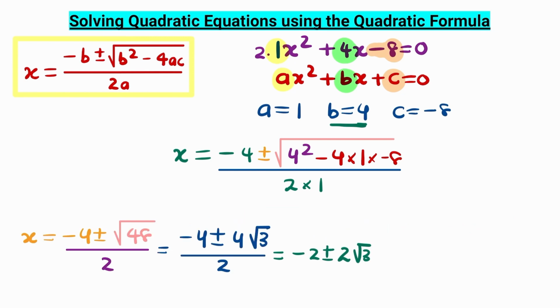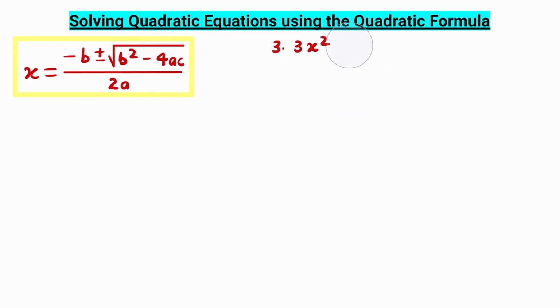So we can get two solutions for x. X equal to minus 2 plus 2 root 3 and x equal to minus 2 minus 2 root 3. Those are the final answers to this quadratic equation. Let's move on to our third example.